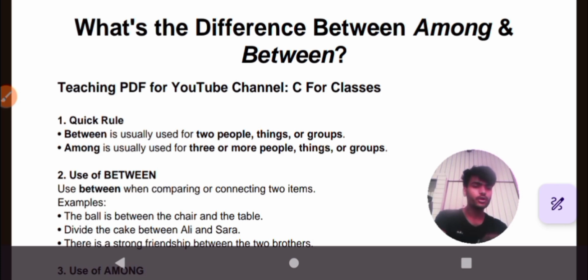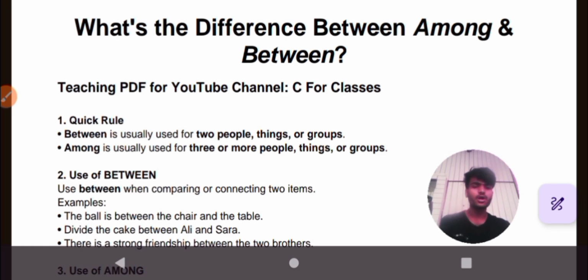When we are talking about the connection and comparison of two items, we have to use between.